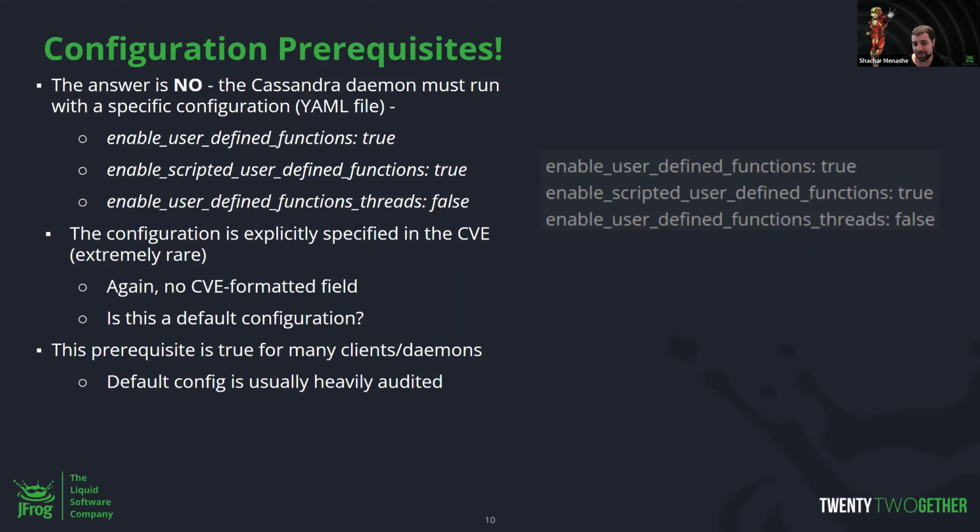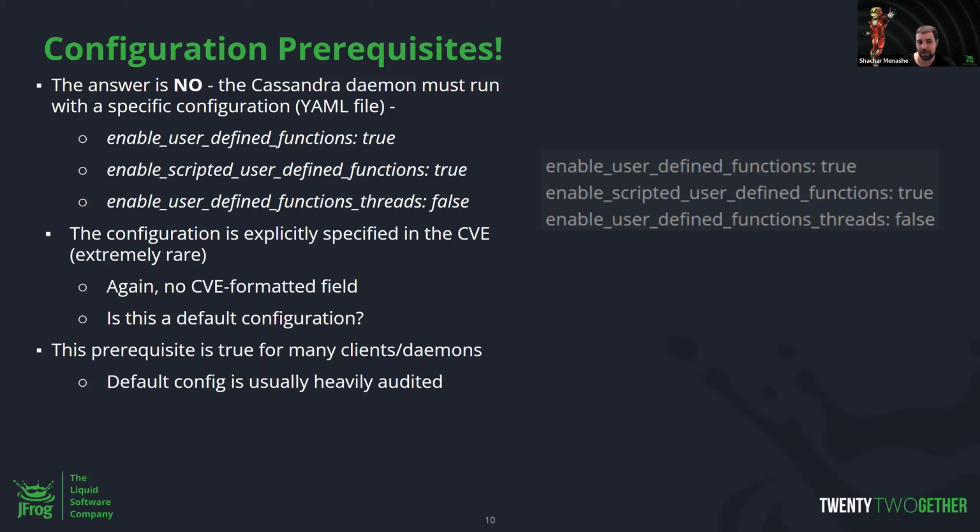So usually, if it's a vulnerability in a daemon, which again is a robust project, it's probably going to be in a rare configuration, or at least not the default configuration. The problem with CVEs and CVSS is there's no formatted field to say, listen, this is only exploitable on this and this configuration, or this is even context dependent.